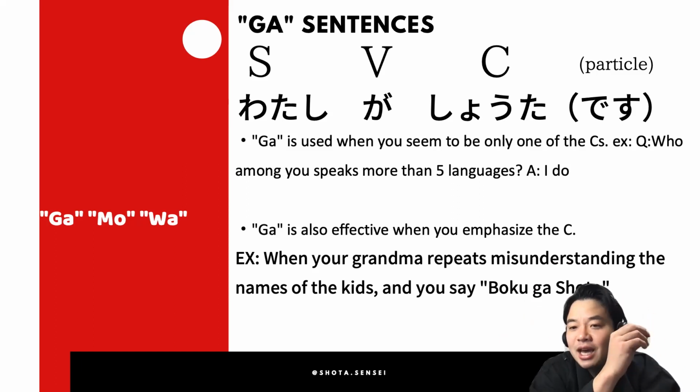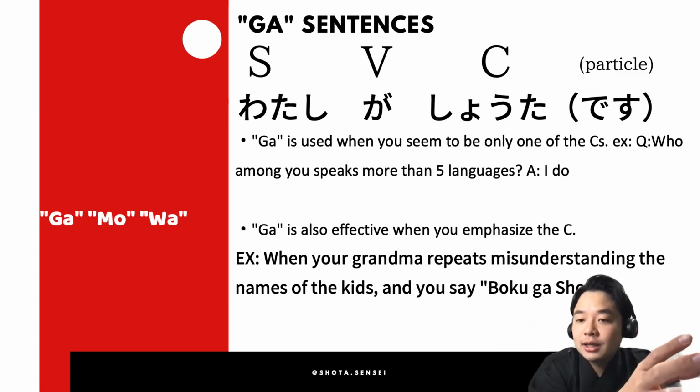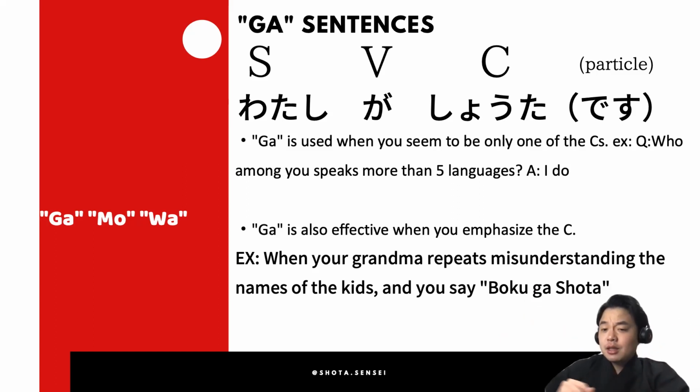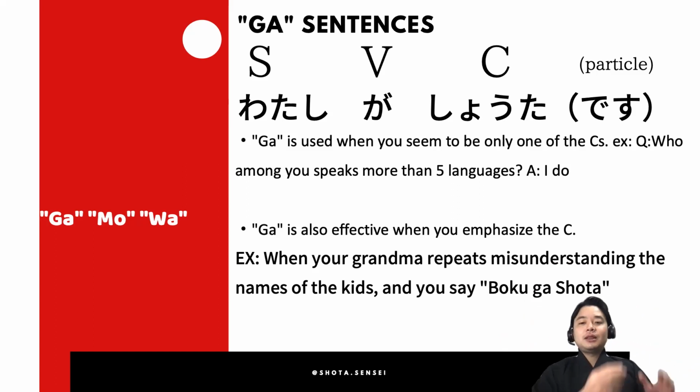So okay, and imagine that you're the only Japanese student at the high school, and then the teacher looks at the list of the students of the class, and the teacher realizes that there is only 1 Japanese student in the class, and the teacher says, okay, by the way, who among you guys is from Japan?